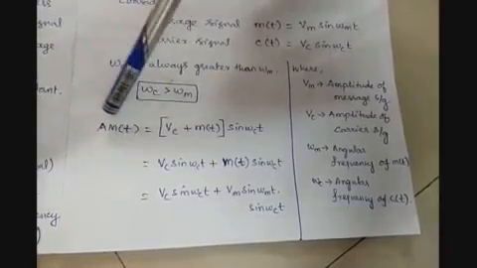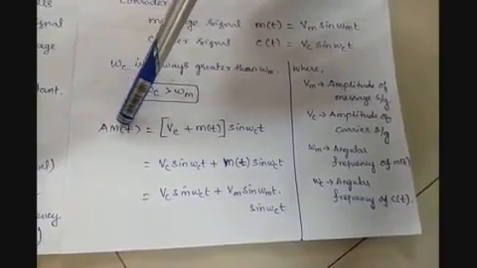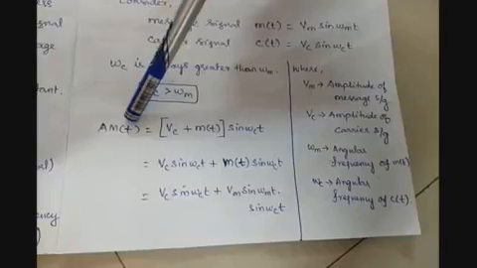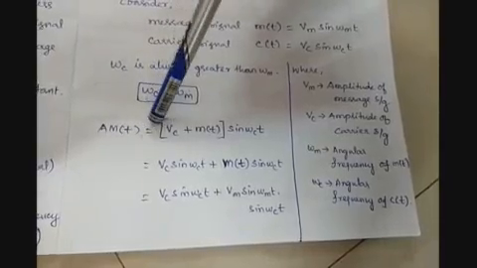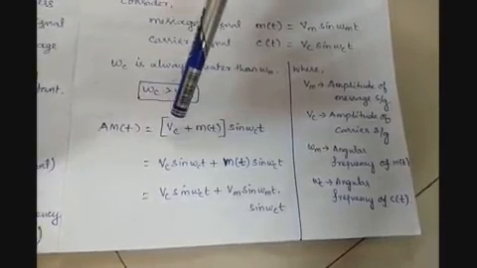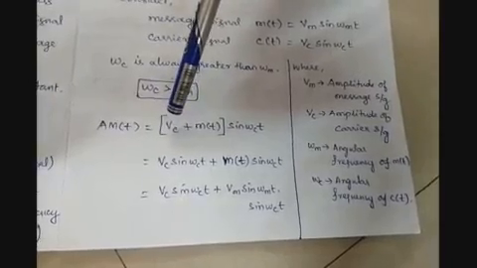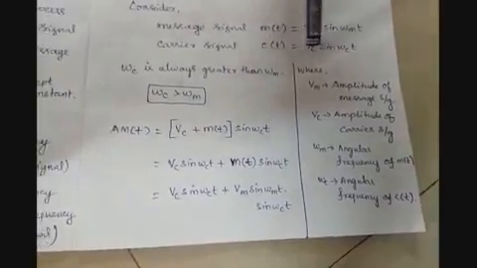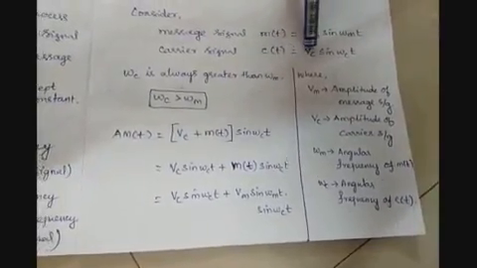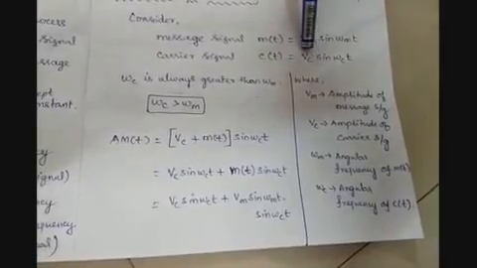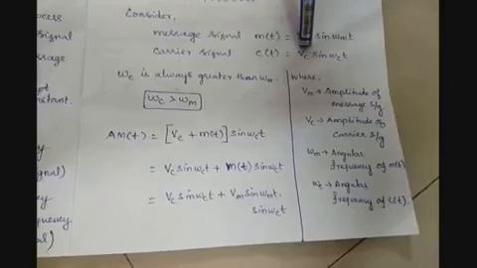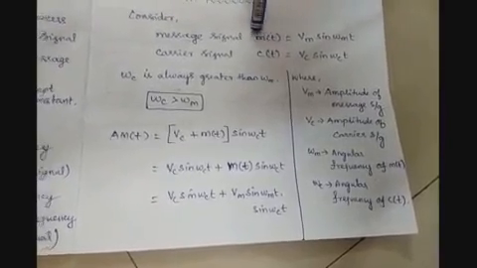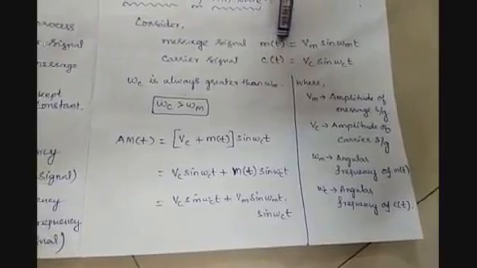Now I am going to find the expression of the AM wave. I am taking the notation AM of t for the AM wave. AM of t equal to, see, what we are going to do here is vary only the amplitude, the amplitude Vc of the carrier signal. I am going to vary Vc with respect to the instantaneous values of the message signal m of t, right?